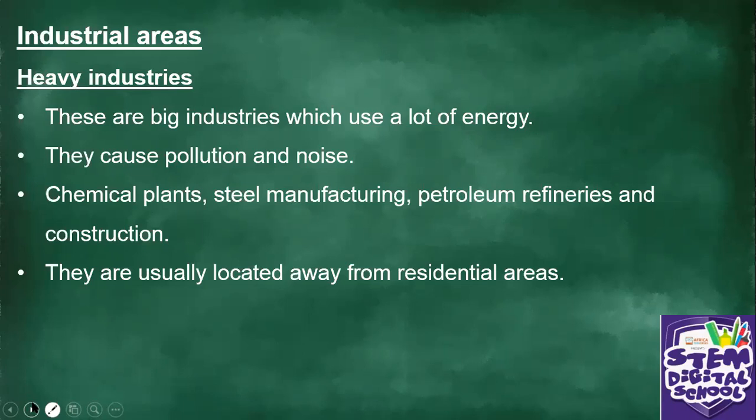Heavy industries. They are usually located away from residential areas. Why? Because they produce a lot of air pollution. They cause pollution and noise. So they have to be far away from residential areas. These are heavy industries. So remember, for industrial areas, we've got two types.